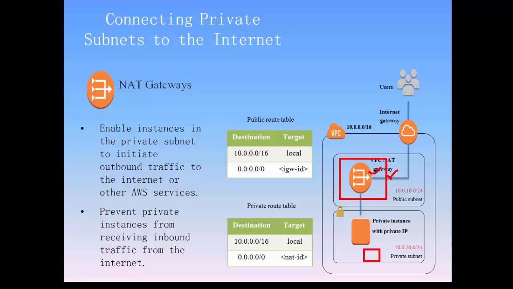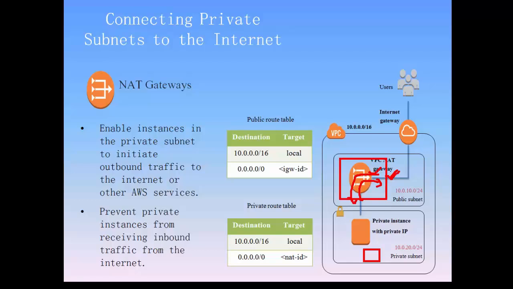But also keep in mind that it is chargeable. Any traffic passing through this gateway is also charged. You have to pay for that. This elastic IP you also have to pay for.